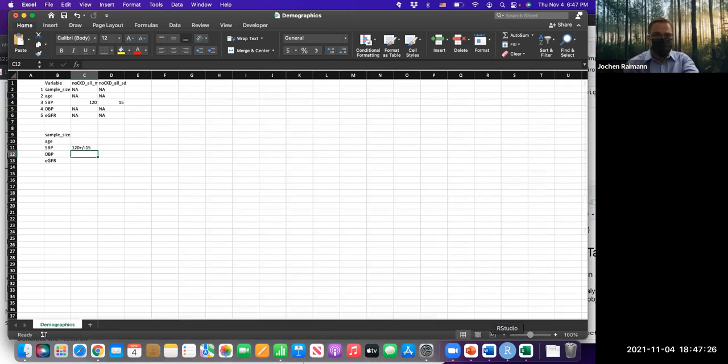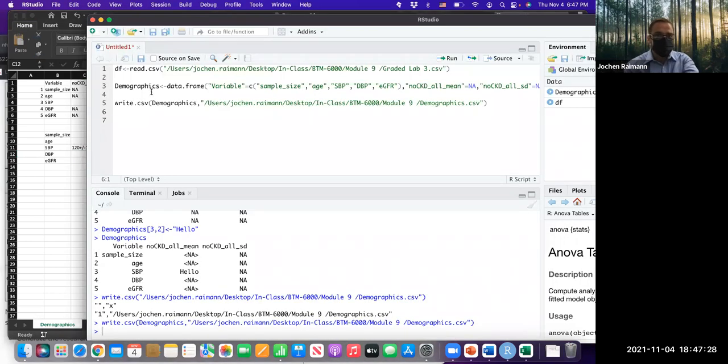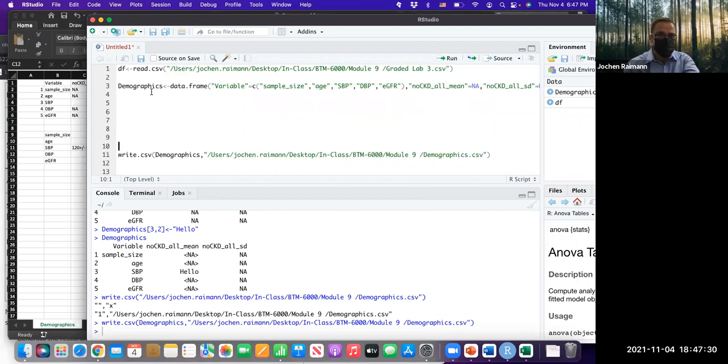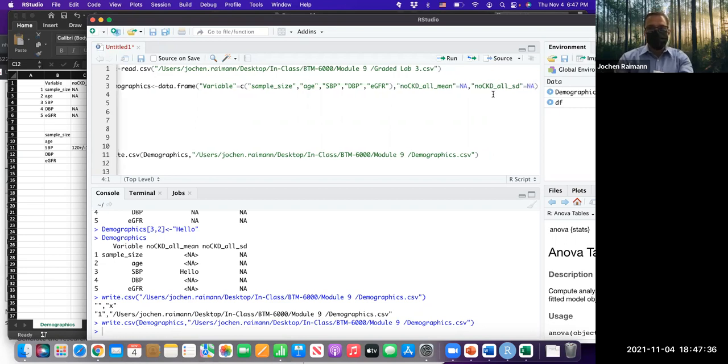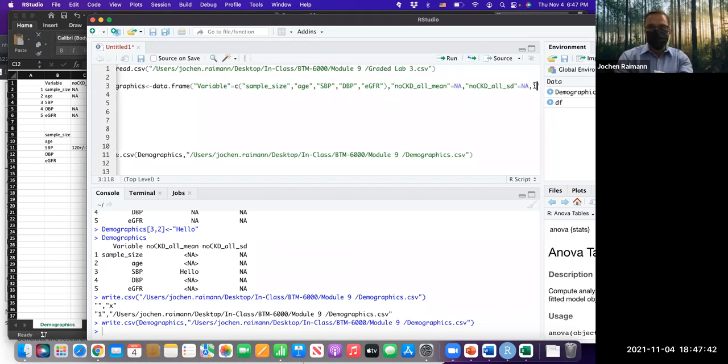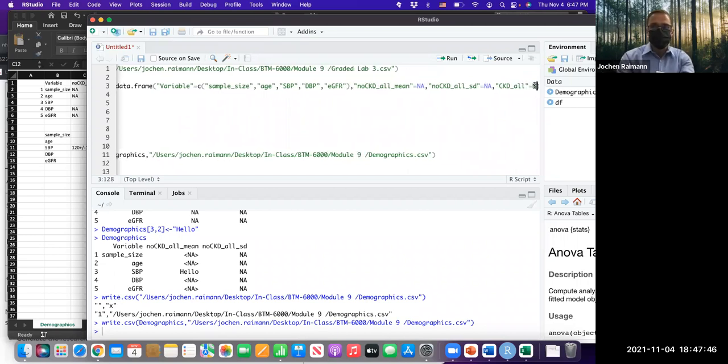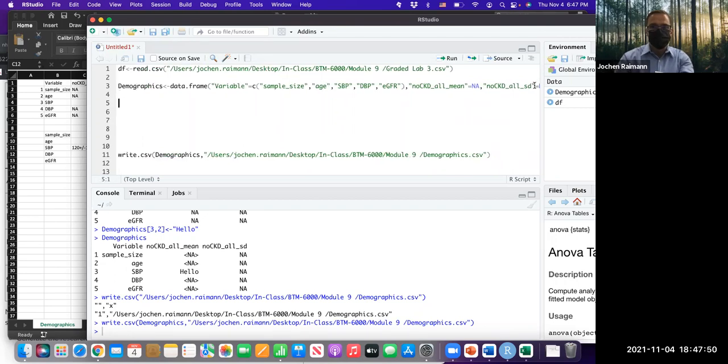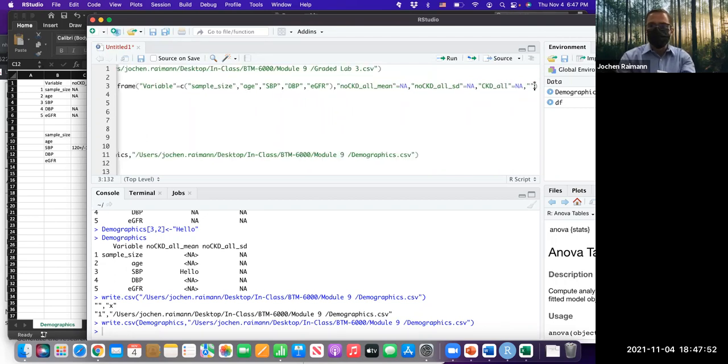So what else are we going to do? Now we have demographics, write.csv, demographics. So sample size is easy, right? So now we have no CKD, then we do CKD or equals NA, then we do no CKD or.